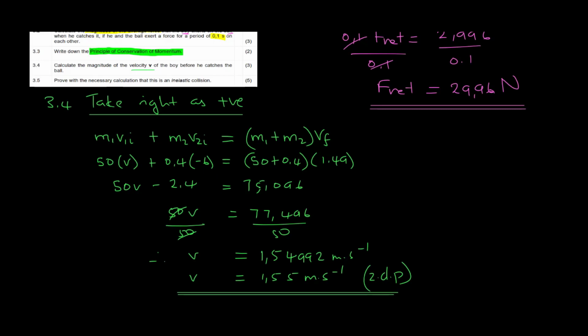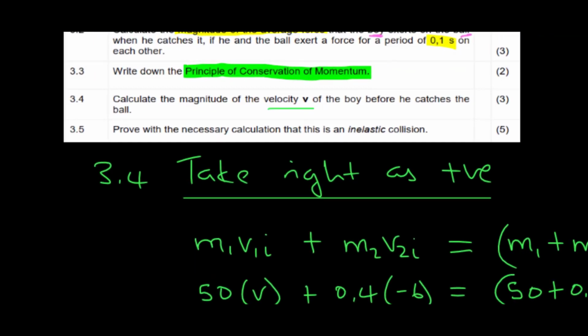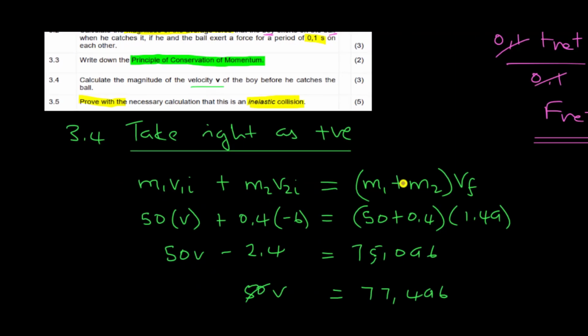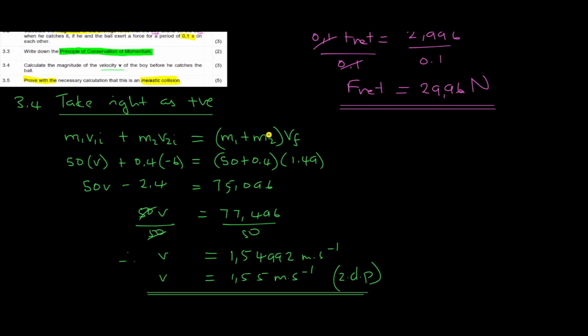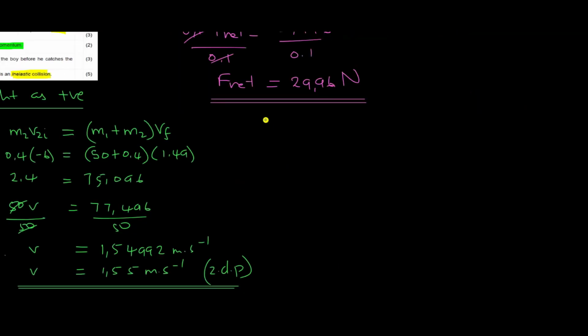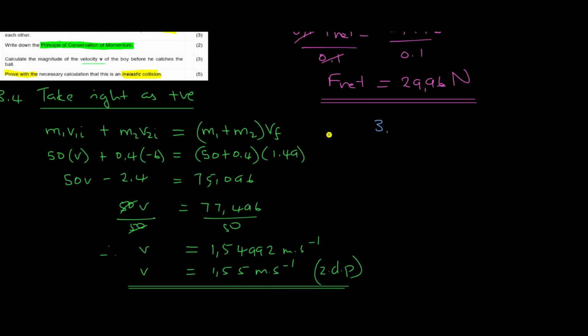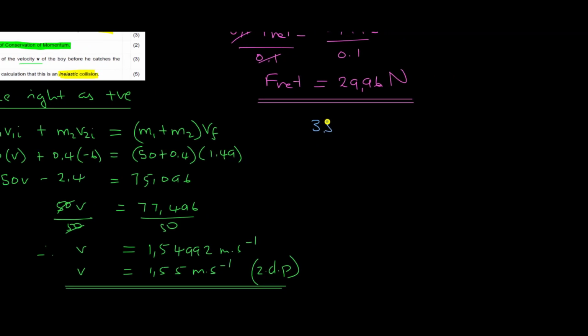Next up, the question says prove with the necessary calculation that this collision was inelastic. So they are telling us that it was inelastic. So that's 3.5.